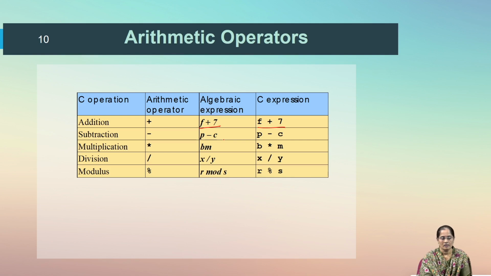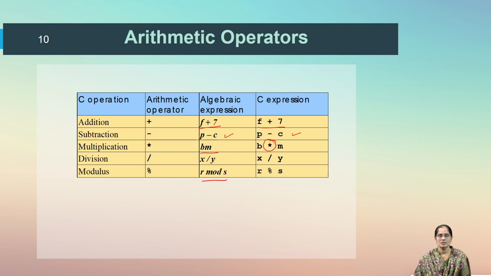In the same way, the subtraction operator can also be used. Bm is an algebraic expression which can be converted to a multiplication operation using the asterisk operator. Similarly, for division we can use the slash operator, and r mod s is used for finding the remainder.